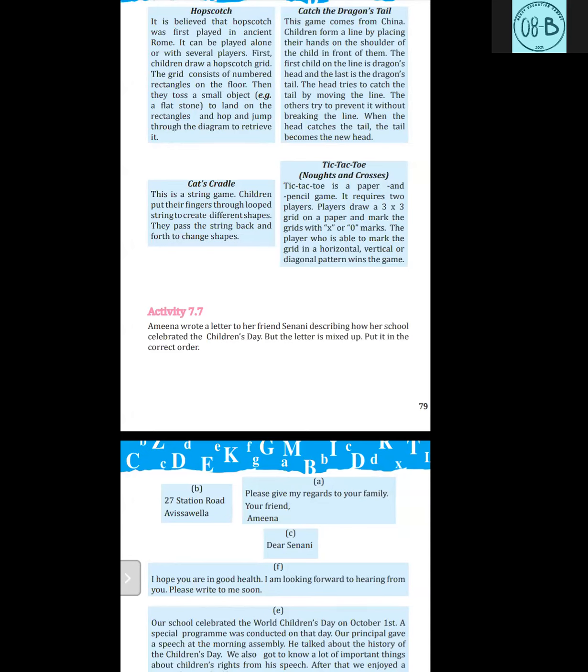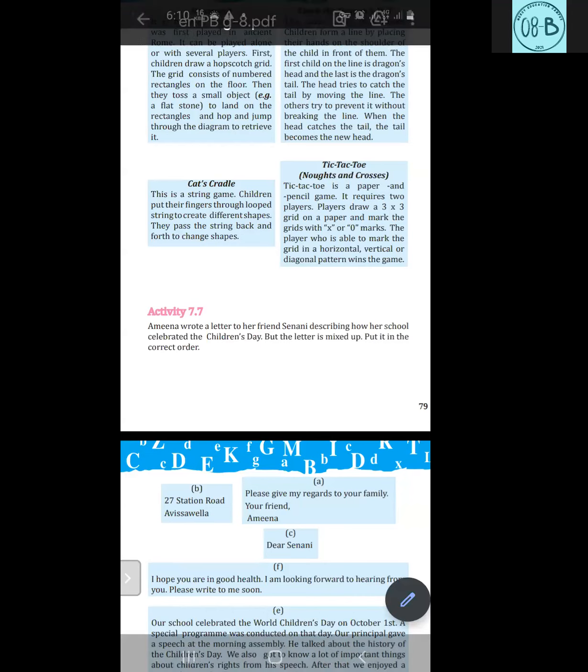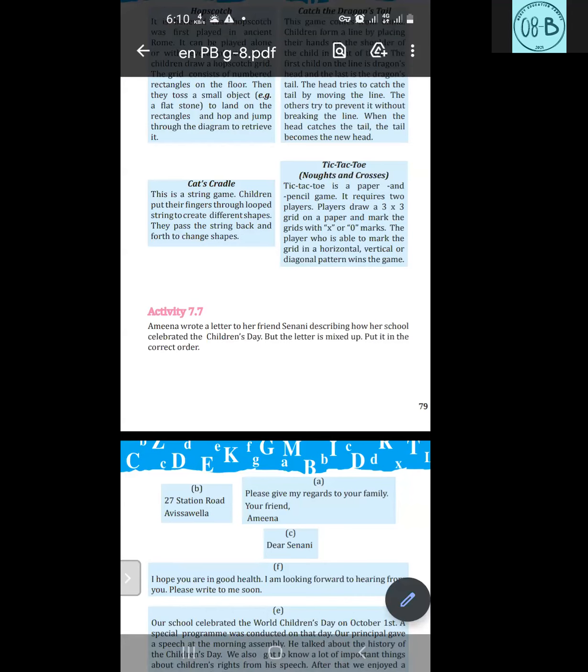Okay. Haris, can you tell me why do we write a formal letter? Haris, are you there? Yes, sir. Can you tell me why do we write a formal letter? Okay, Yakub, you can go ahead.